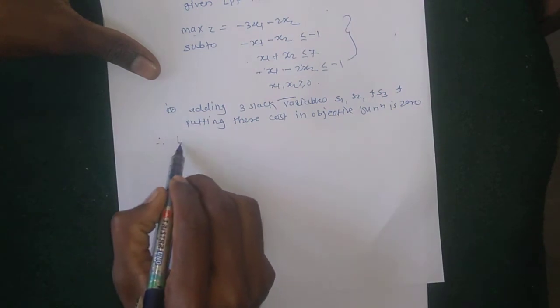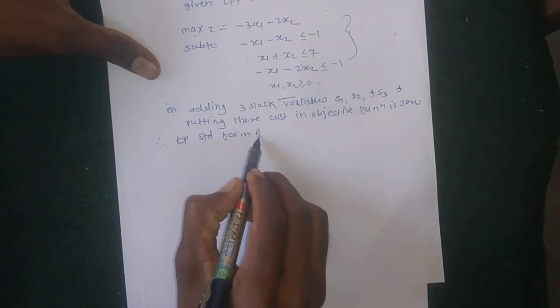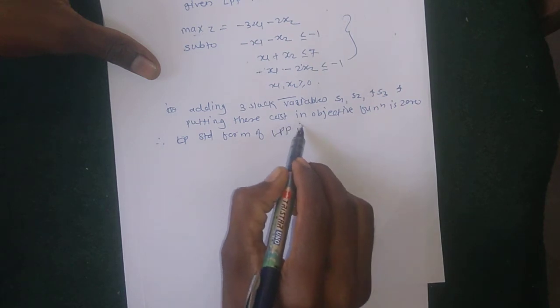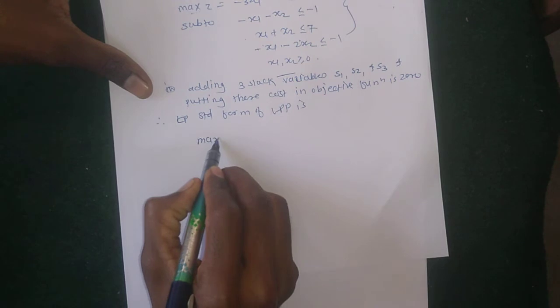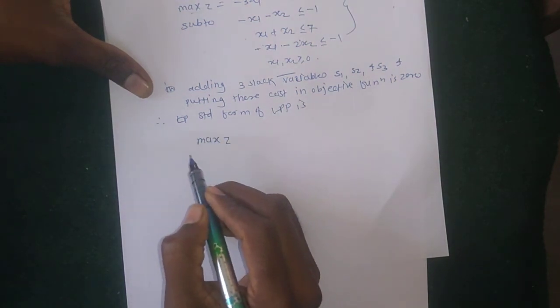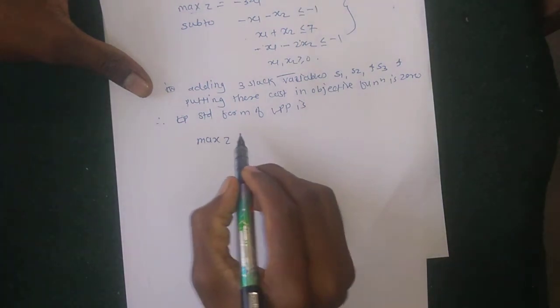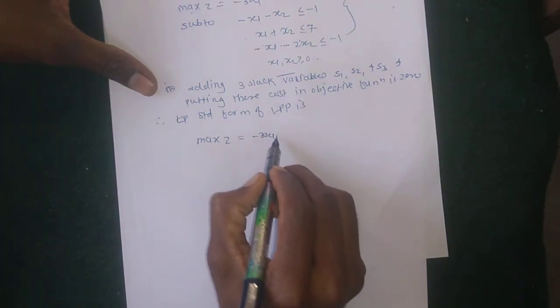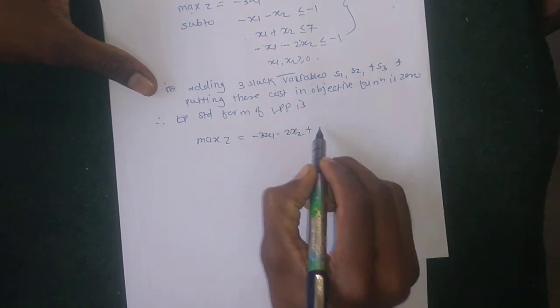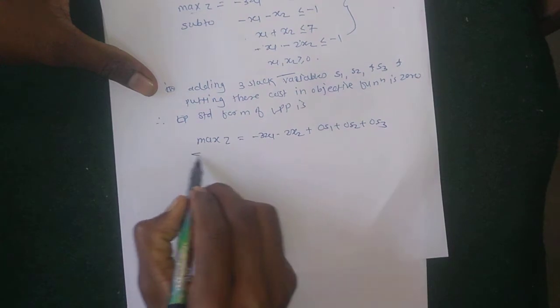Therefore the standard form of the LPP is maximize z equal to minus 3x1 minus 2x2 plus 0s1 plus 0s2 plus 0s3.